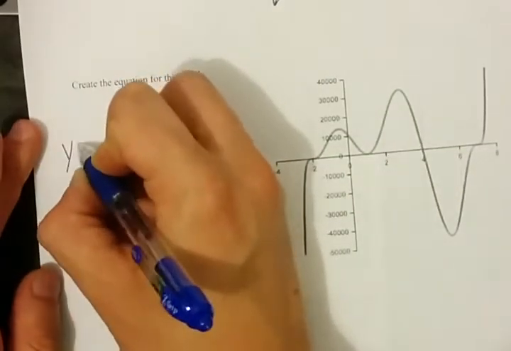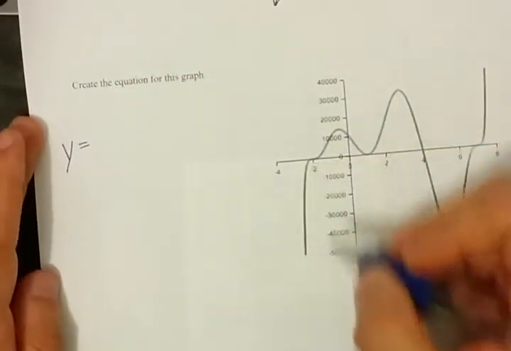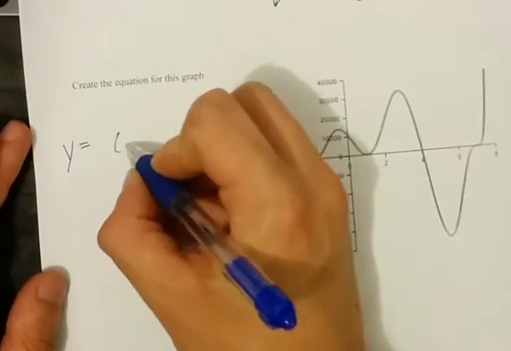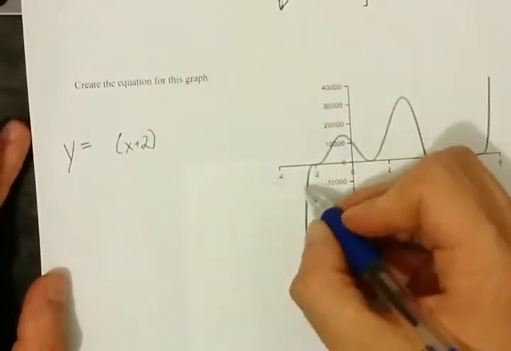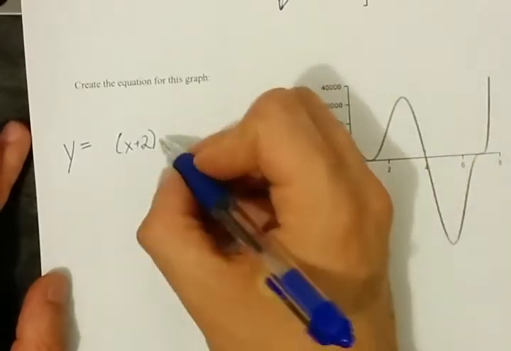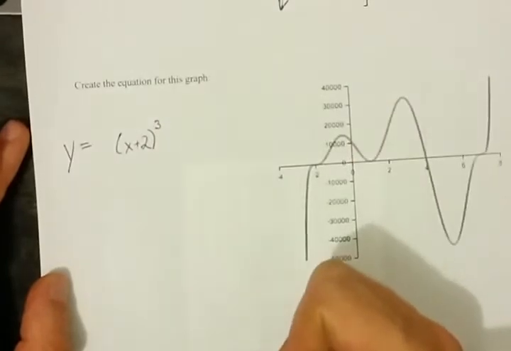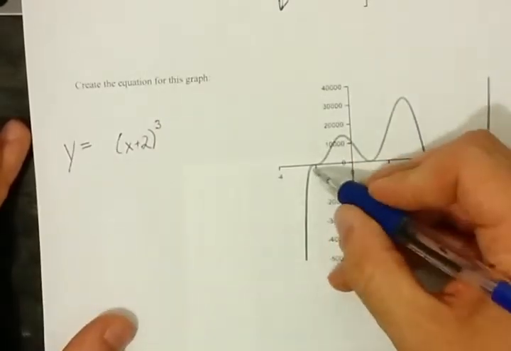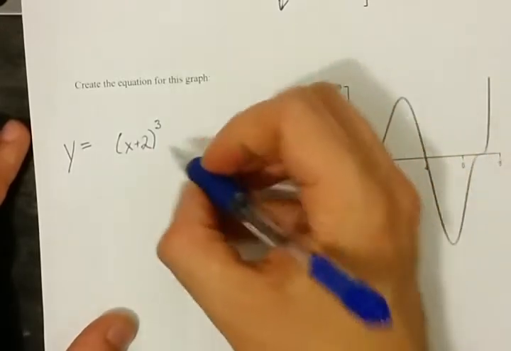What have we got here? We've got a jog at -2. What that means is that we have an x plus 2 in our equation, and because it's a jog, or a point of inflection, I gotta start calling it a point of inflection, it's to the power of 3. The next x-intercept is here, at +1.